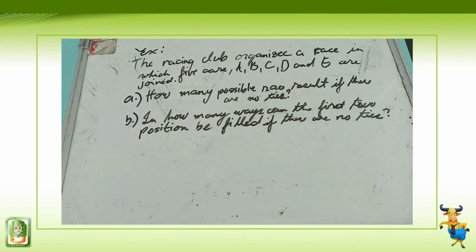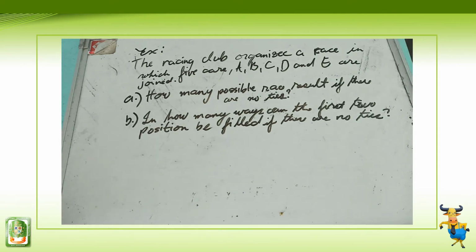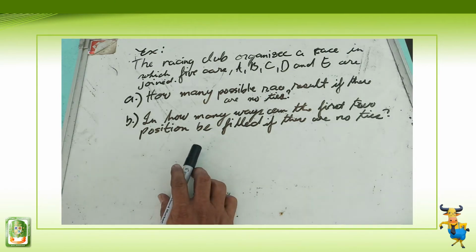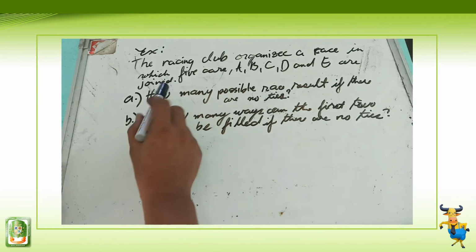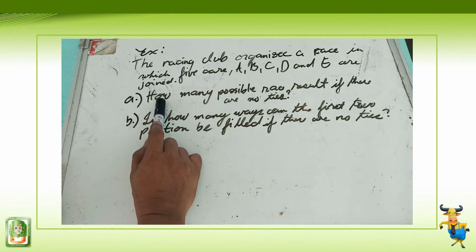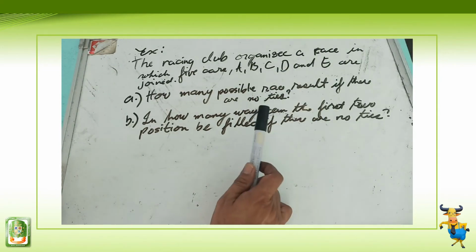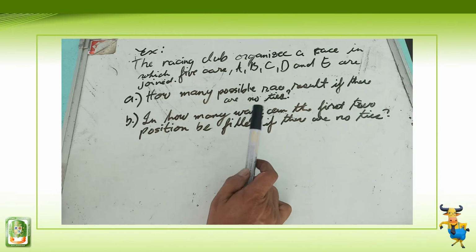In this case, in letter A, the number of possible race results if there are no ties is the same as the number of permutations of 5. Ilan sila? 1, 2, 3, 4, 5. 5 things taken 5 at a time.